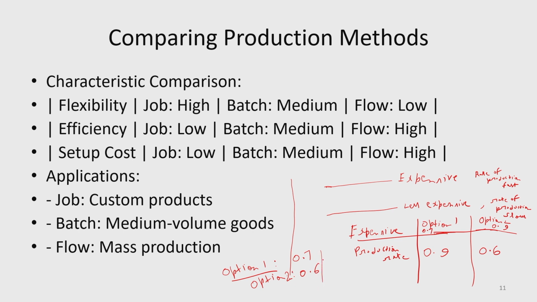This is called a non-compensating strategy, because I am considering that the overall rating for option 1 or option 2 depends on the poorly performing aspect. Like its membership grade in expensive was 0.7, so overall membership also came to 0.7. Its membership grade in production rate was 0.6, so it also came out to be 0.6 here.